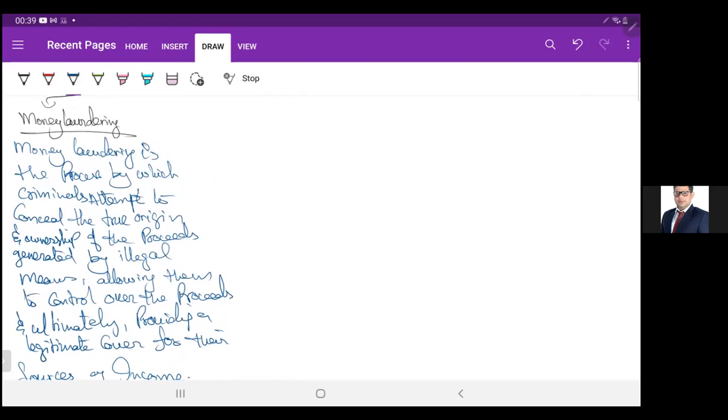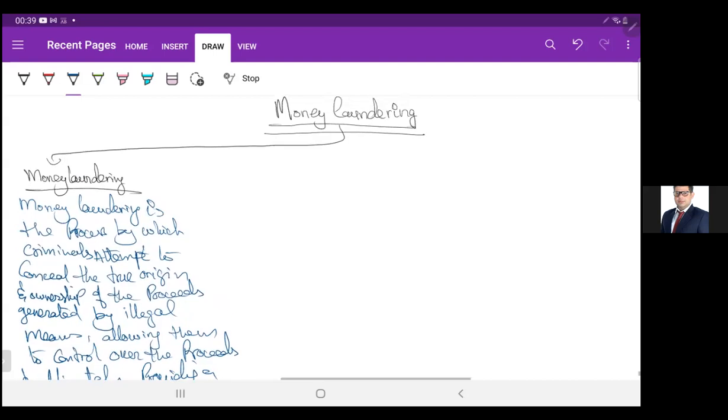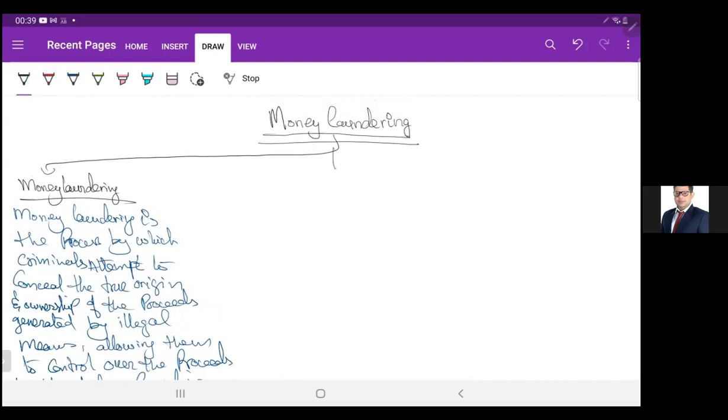Now, we have three stages of money laundering. And what are those stages? Firstly, we have placement. Now, what is placement?